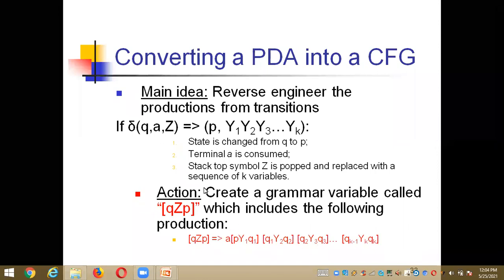How to write it: here we have an input alphabet a, right? The input alphabet is a terminal, because a is directly a terminal, so we need to consume that terminal.